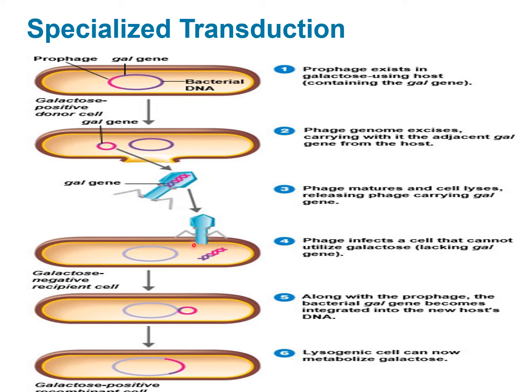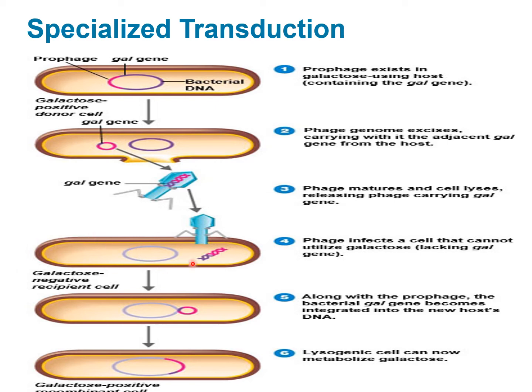So let's say here is a new bacteria host, but what's interesting about this bacteria is its DNA doesn't contain the genetic information needed to break down galactose. So that's why we are saying that this bacteria right here is galactose negative, because it doesn't have the genes needed to encode for the proteins that would help this bacteria break down galactose.